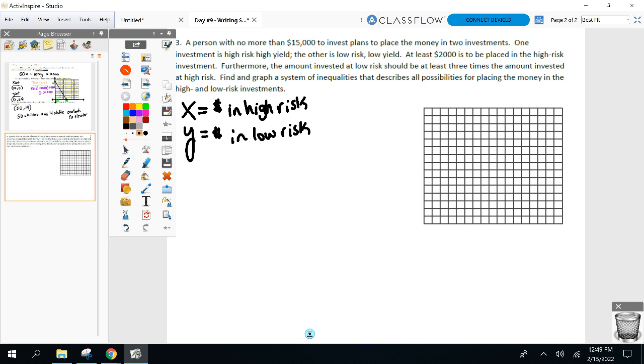Okay, I'm going to try my best just to stand back and let you guys take over. First piece of info right away is what? We're investing no more than $15,000. Can we come up with an inequality that says the total amount of money we invest is no more than 15,000?